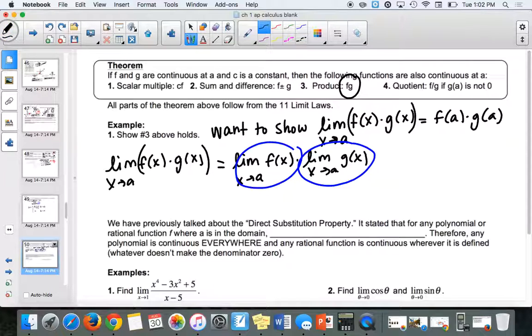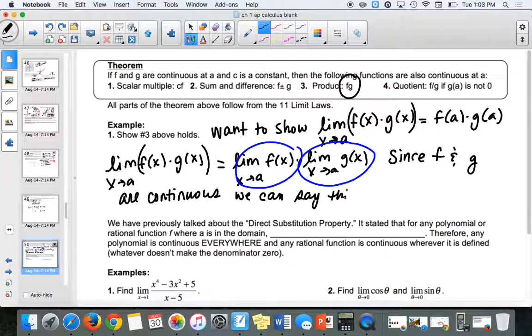Since f and g are continuous, we can say this is equal to f of a times g of a. And then we're done.